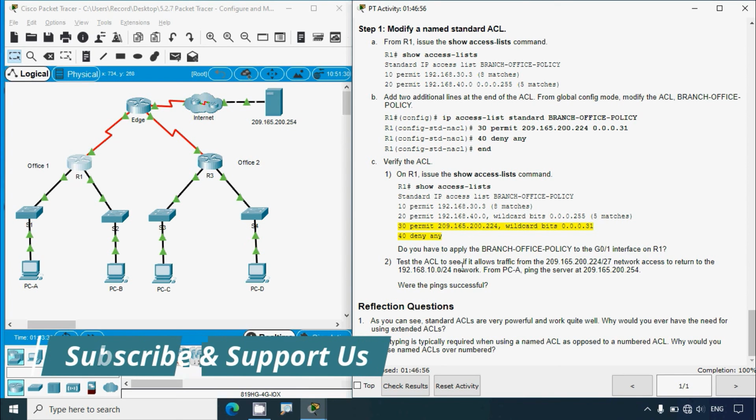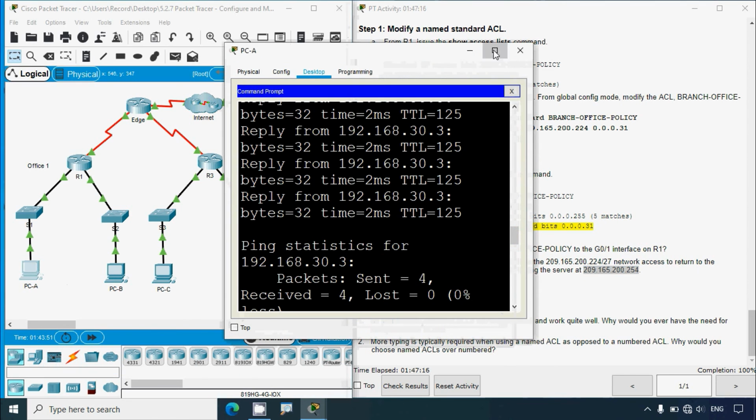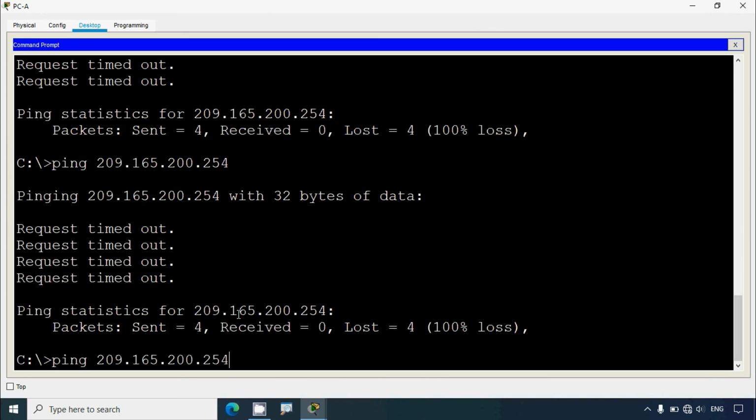Test the ACL to see if it allows traffic from the 209.165.200.224/27 network to return to the 192.168.10.0/24 network. From PC-A, ping the server at this address. We'll go to PC-A and we will ping again. Here is the address.